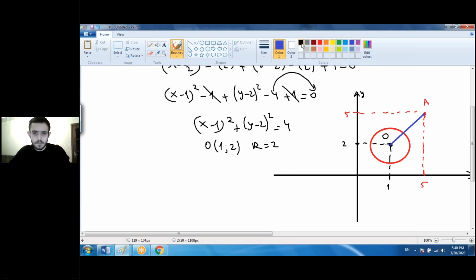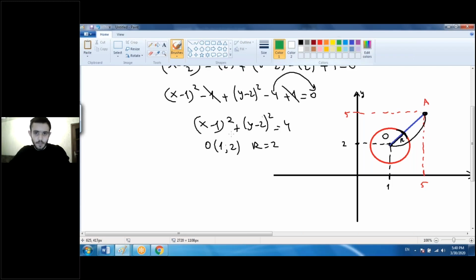What does it mean? It means that you will find the distance between this point and here. The circumference of the circle starts here, which means you will again find the distance from point A to the center of the circle, and subtract this segment, which is radius.